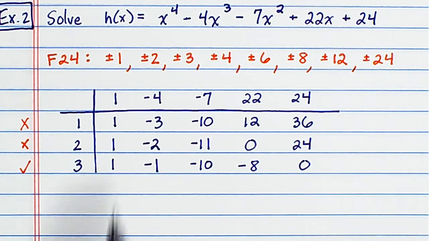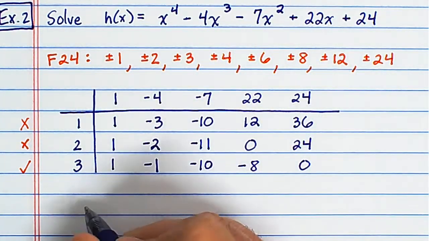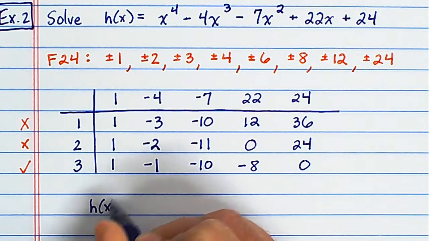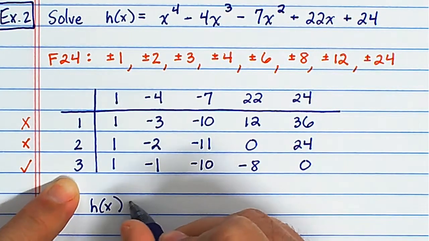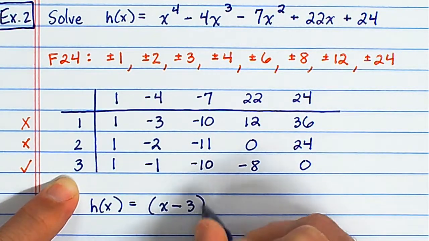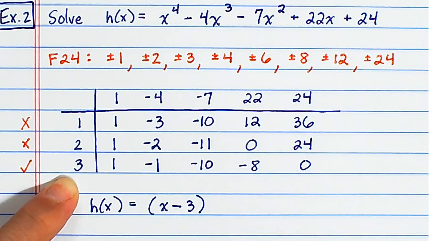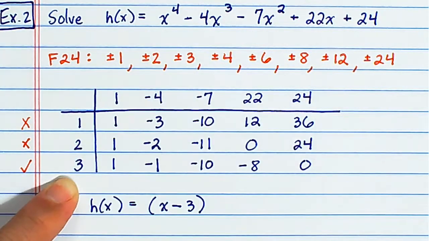So I want you to keep in mind this was h of x right here. This is now h of x right now. We know that 3 is going to work, and we know that it's x minus a, so that's x minus 3. And this is my remainder right here.